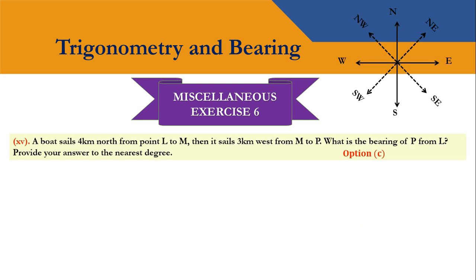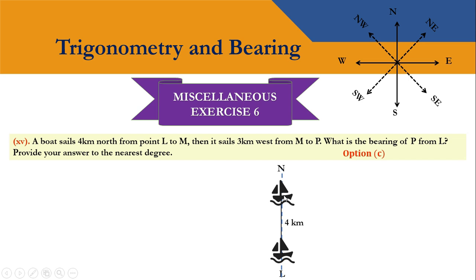Now moving towards the last part of question number 1. A boat sails 4 km north from point L to M. So here is a boat and this is the point L. From this point it sails 4 km in the direction of the north to a point M, then it sails 3 km west.